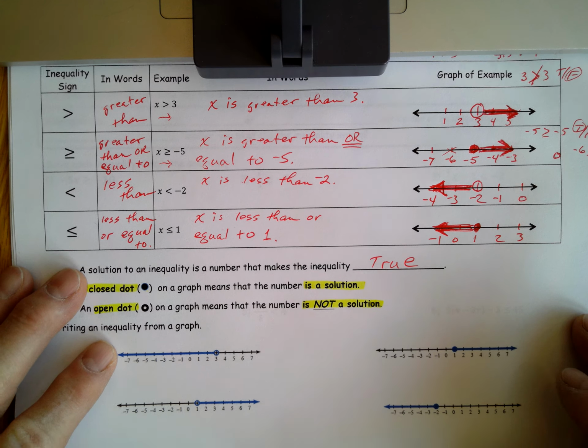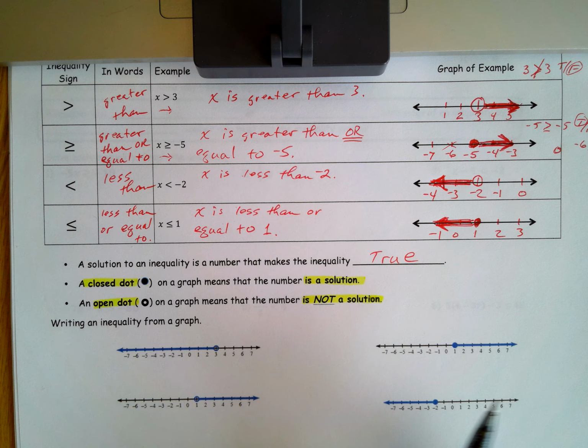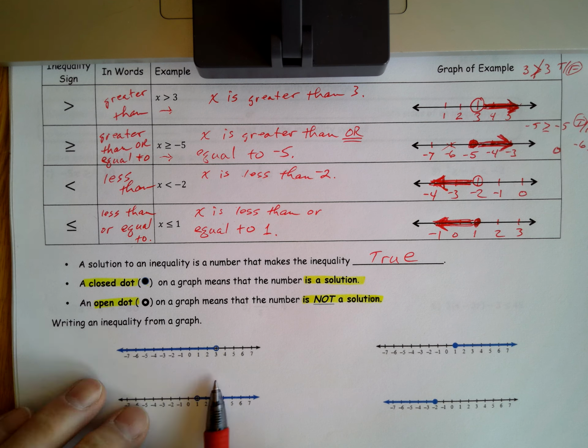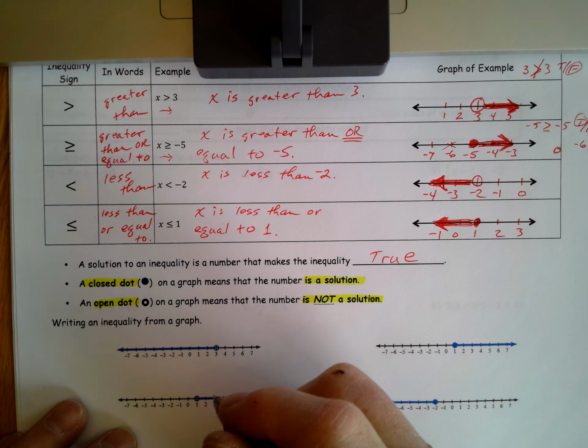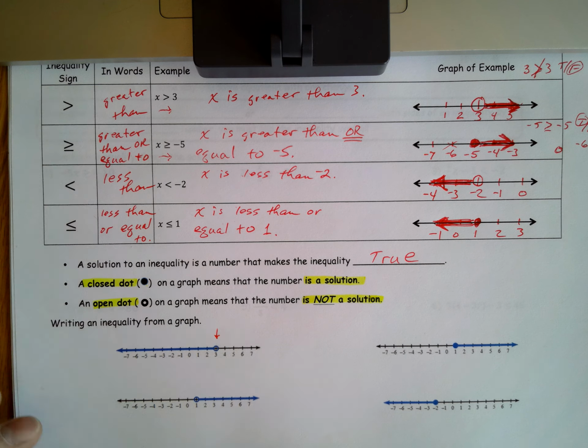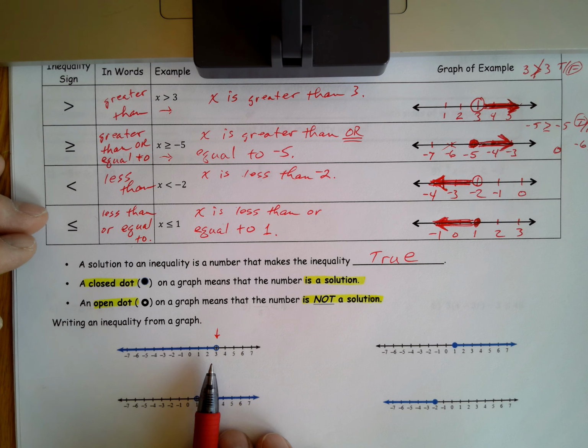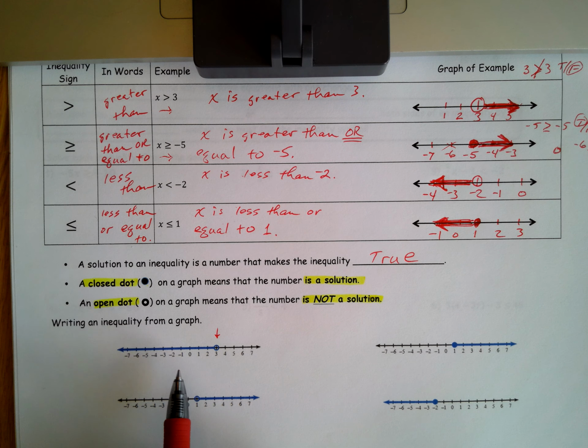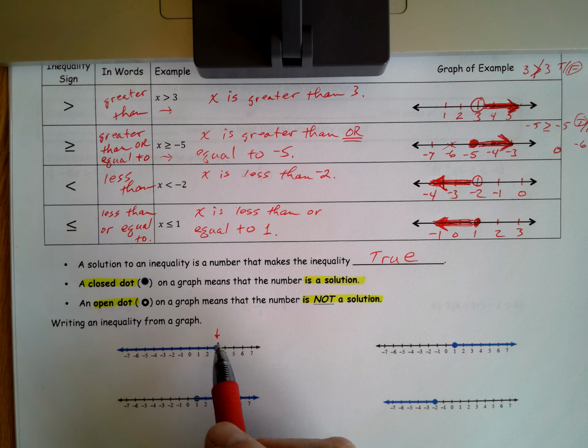Okay, we're doing great. Now, what if I give you a graph and I ask you to write an inequality? Well, the first thing we want to look at is our important number that's circled or not. This one is circled, and it's 3. So what I do know is it's open.